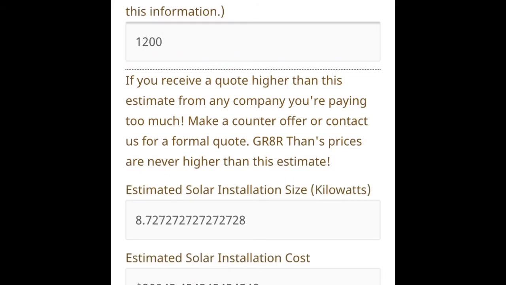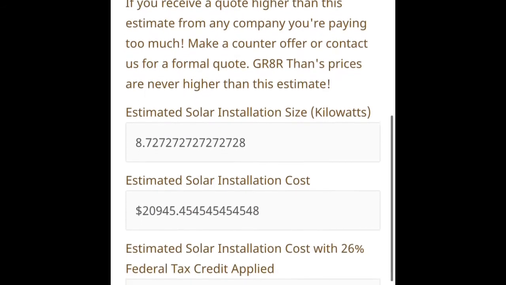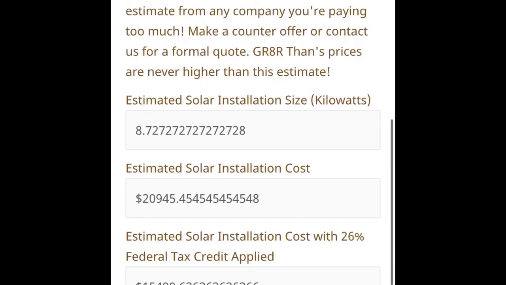You enter that, and then it gives you about an 8 3/4 kilowatt system. Then you can see the price of that system without the solar tax credit, which comes out to close to $21,000. And with the solar tax credit, it drops down to $15,500.